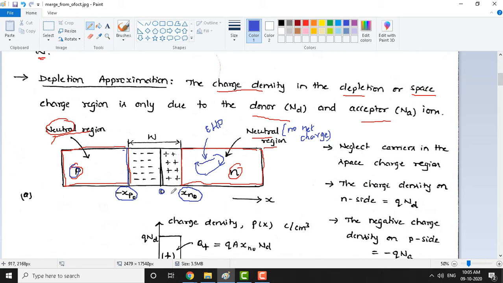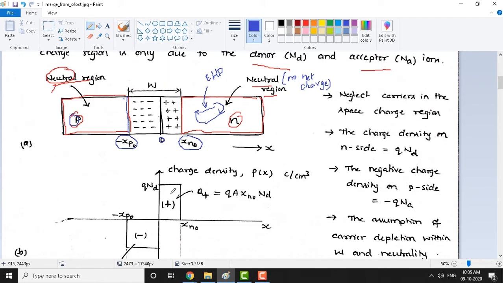xp naught indicates the edge of the depletion region towards the p side, which is negative because distance starts from 0 in the middle of the junction. xn naught indicates the edge of the depletion region towards the n side. The charges you see here are donor ions.